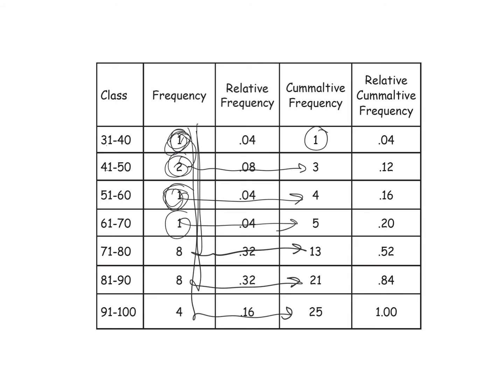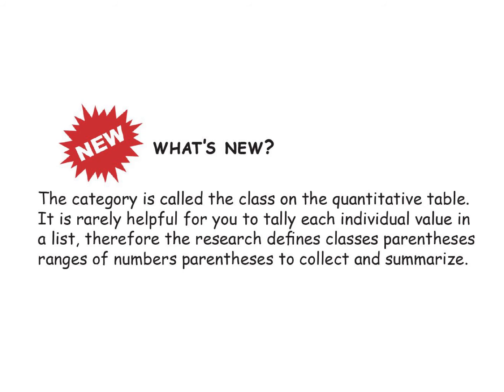So this is just, again, taking it and dividing it by your total sample size, so dividing it by 25. Taking this, divided by 25, gives you 0.04. 3 divided by 25 gives you that 12%, and so on. It should always end at 100% for relative cumulative frequency, right?